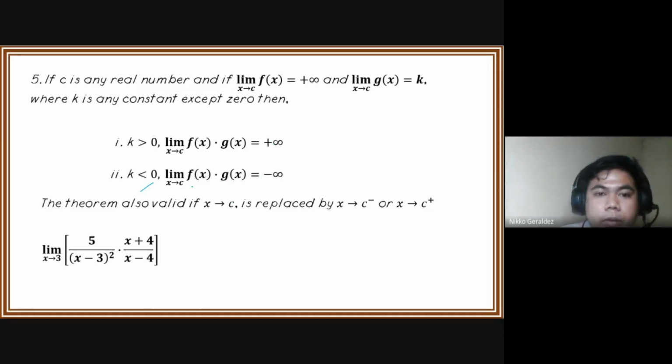No? Ayun po. Try natin. So we have limit of 5 over x minus 3 squared times x plus 4 over x minus 4 as x approaches 3.